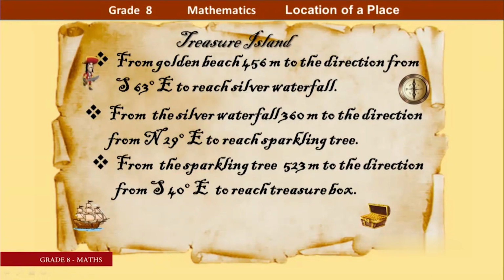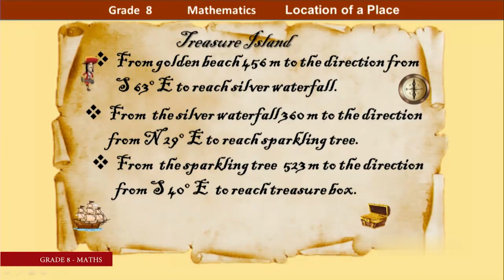These are the things you learned in this lesson, location of a place. So, shall we read it again? From the Golden Beach, the distance is 456 meters to the direction. What is the angle? That is 63, starting from south to east.